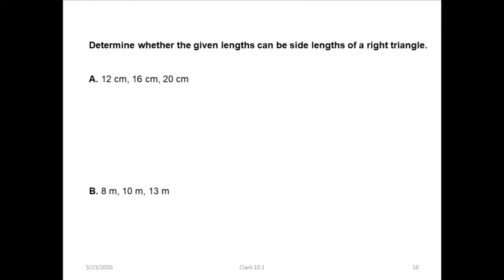You can use the Pythagorean theorem and its converse to determine whether a triangle is a right triangle. If the side lengths satisfy the equation a squared plus b squared equals c squared, then the triangle is a right triangle. If they do not, then it is not a right triangle.